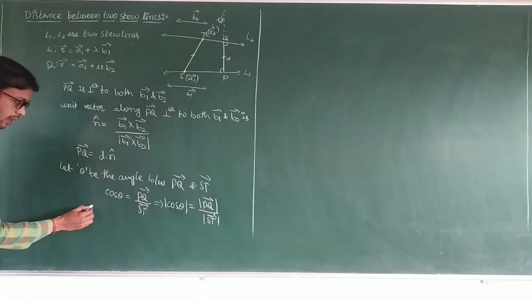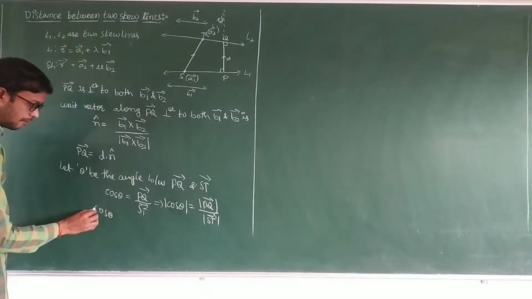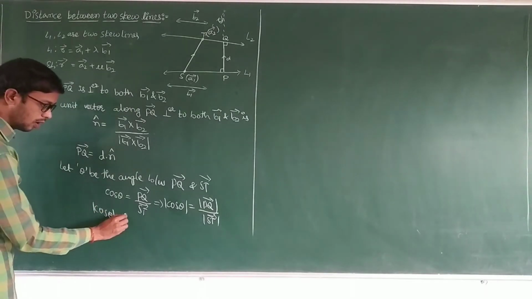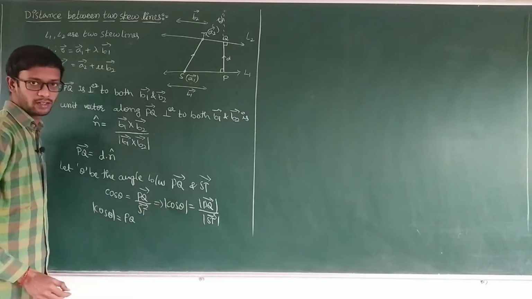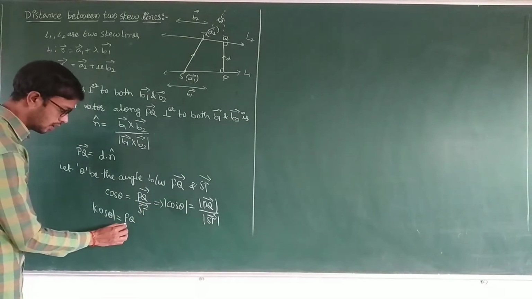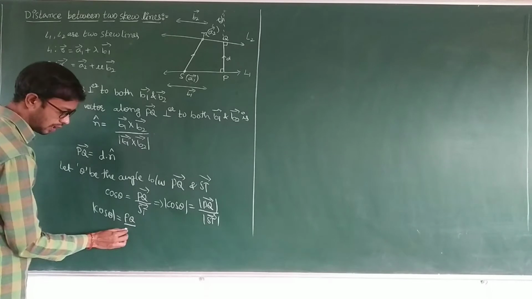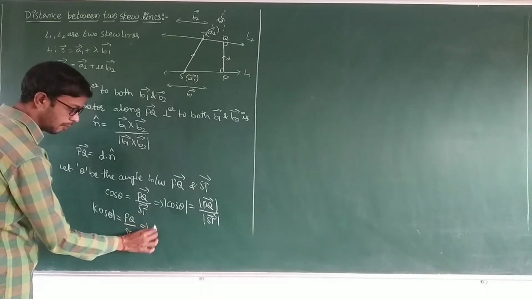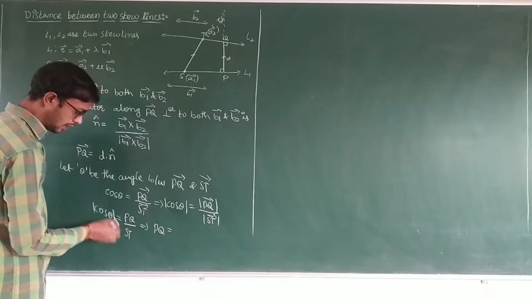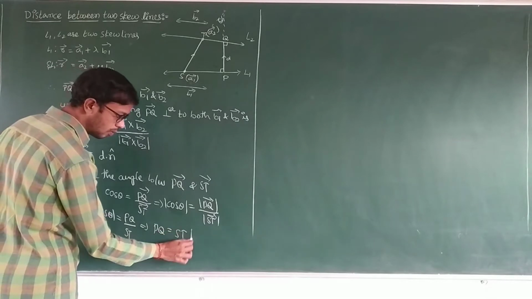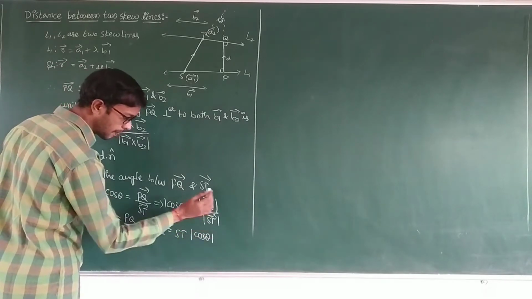Cos theta magnitude is equal to PQ bar magnitude, which is nothing but just PQ, divided by SP. So PQ is equal to SP into mod cos theta.